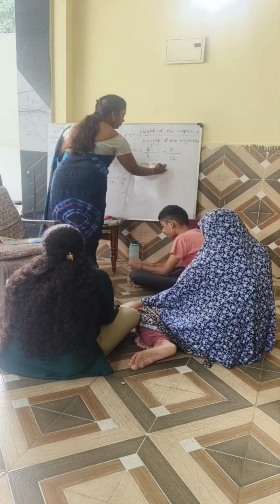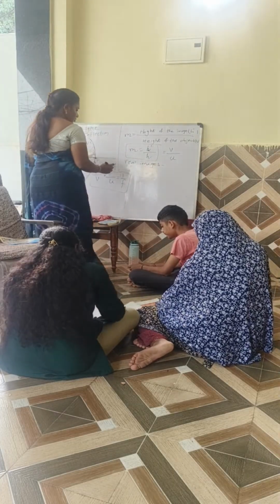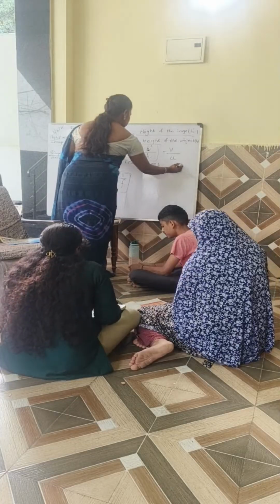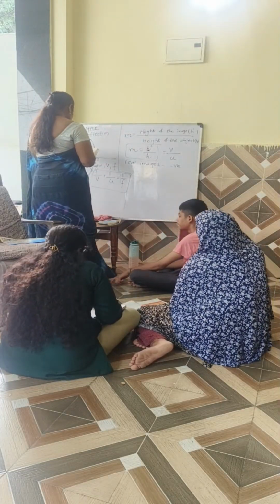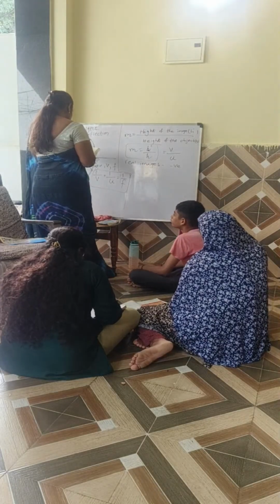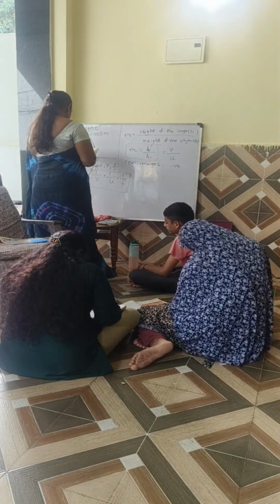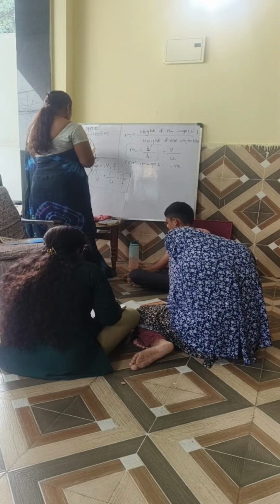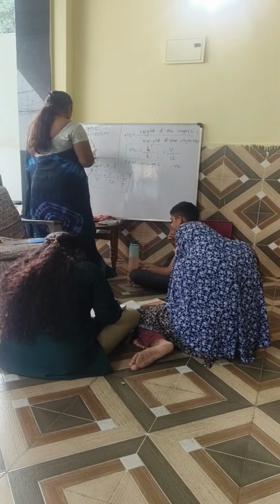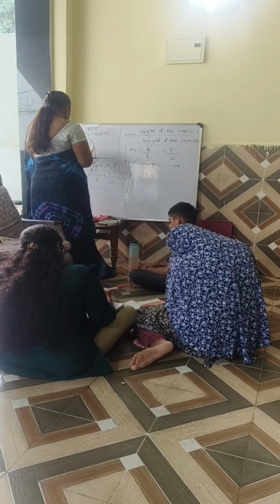Real images, negative. The height of the object is taken as positive as the object is usually placed above the axis.